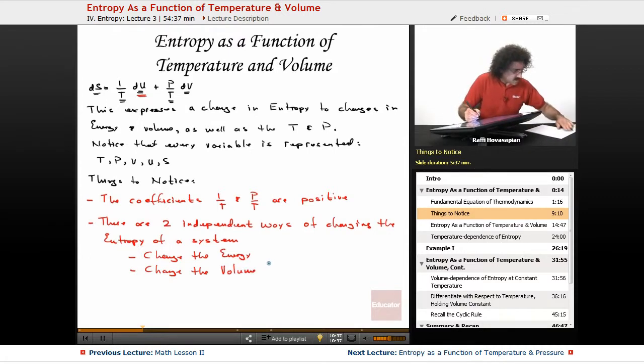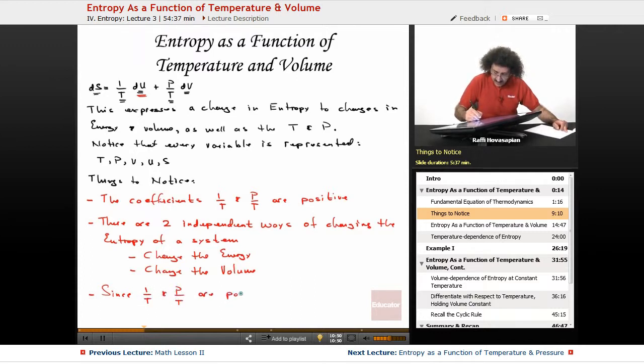Okay. Now, I can go ahead and continue here. Got a little bit of room. Now, since 1 over T and P over T are positive, if I hold V constant, and if I raise the energy, in other words, if the change in energy is positive, positive times positive is positive, the change in entropy is also positive.